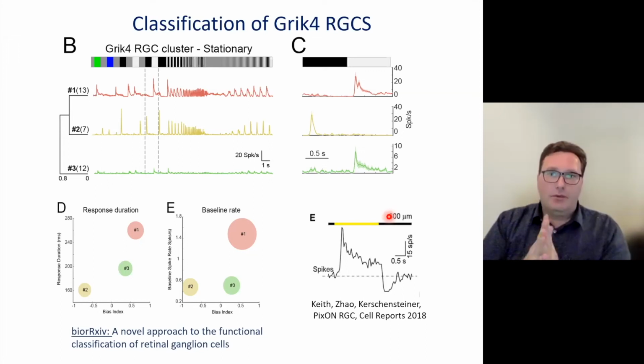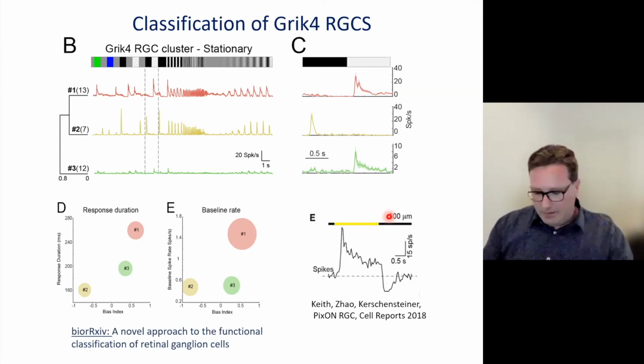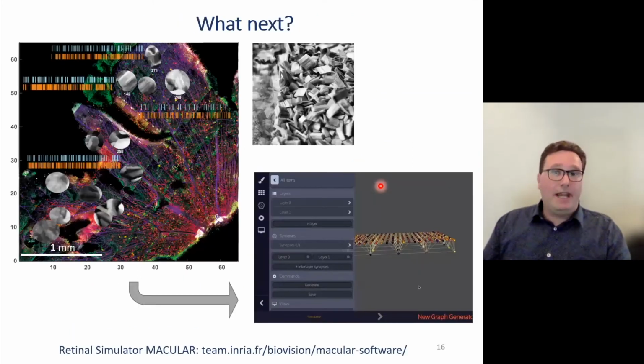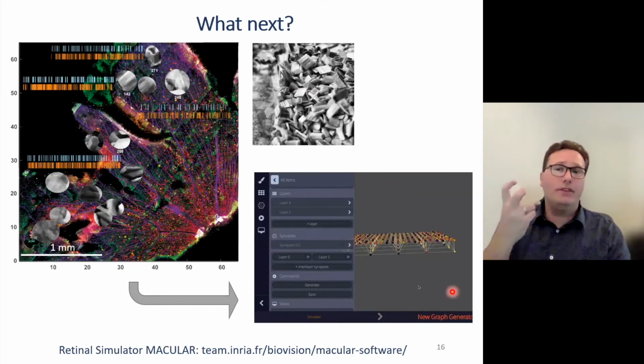So we applied it to all the other lines, and unfortunately the time is not enough to show all these nice results. What I want to show next is that we now have this network of response clusters.